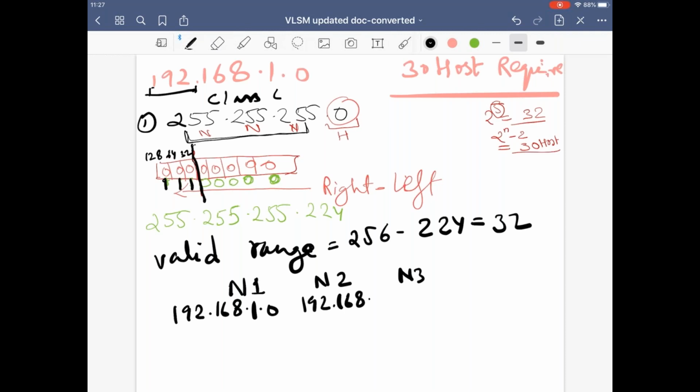N2 is 192.168.1.32. N3 is 192.168.1.64. Then it will continue.